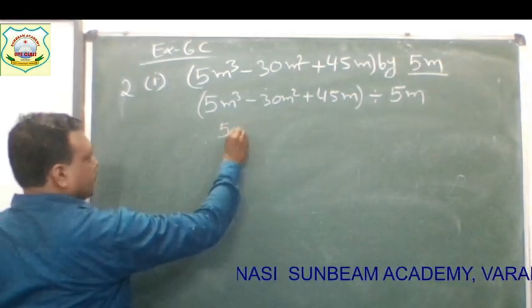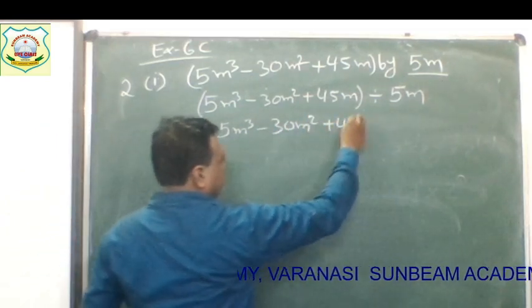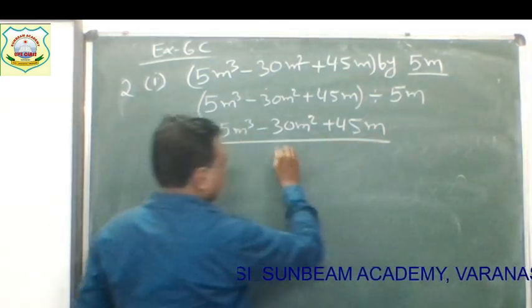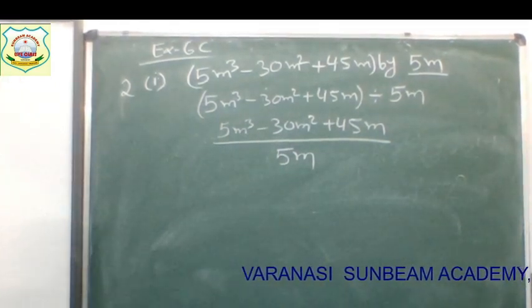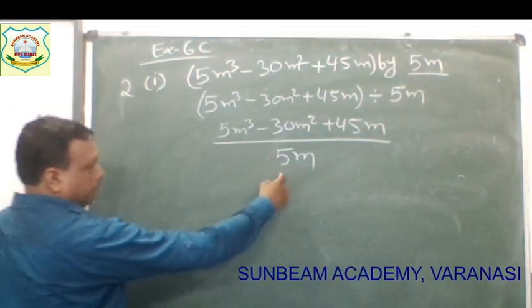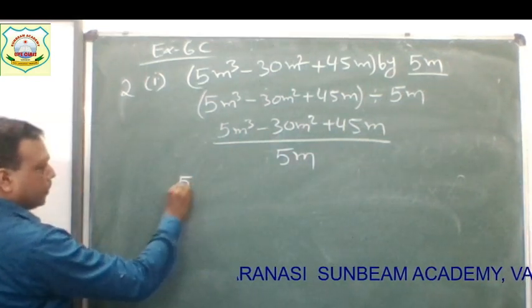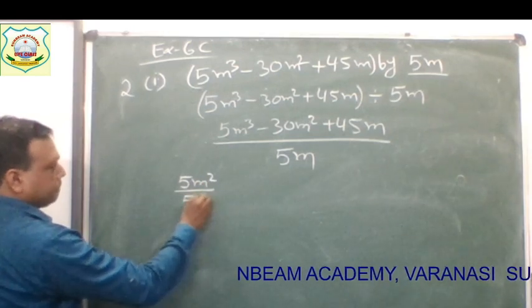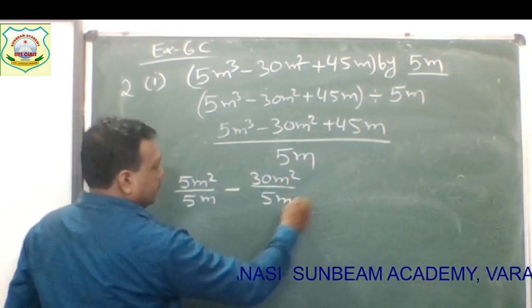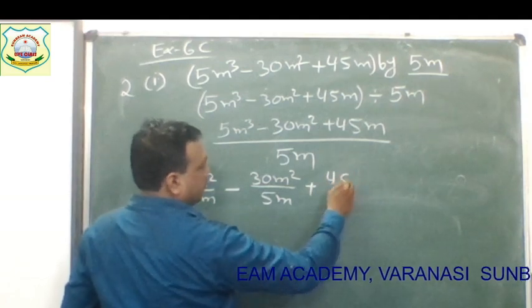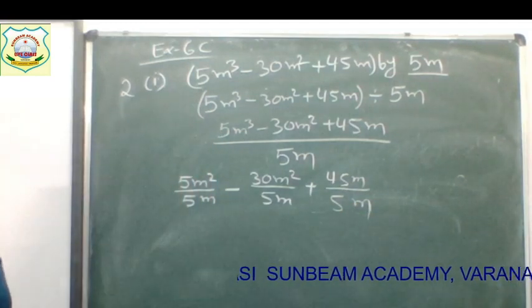As we told you in the example, we will separate: 5m cube upon 5m minus 30m square upon 5m plus 45m upon 5m. Clear students? This way.